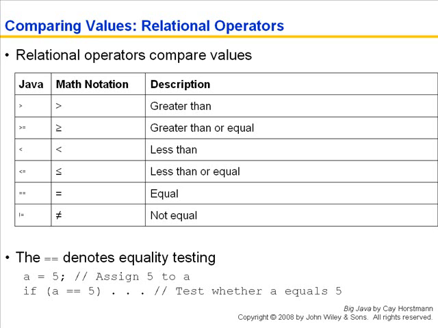The next one requires a little bit of discussion. The double equal sign is different from the single equal sign. Remember, our assignment statement is represented by a single equal sign.